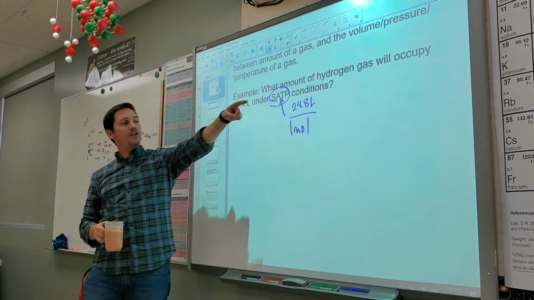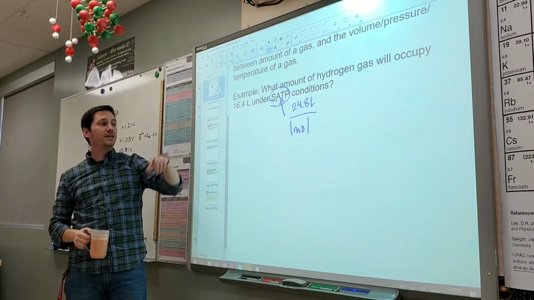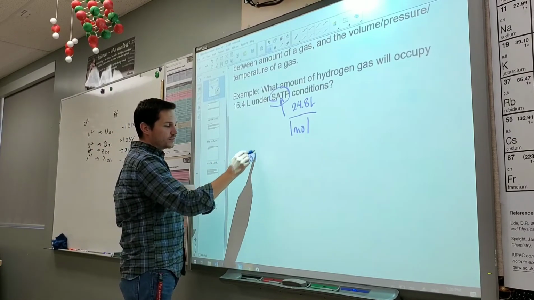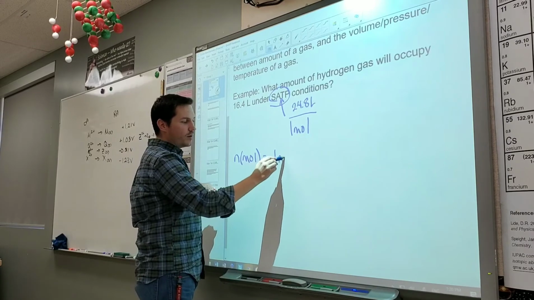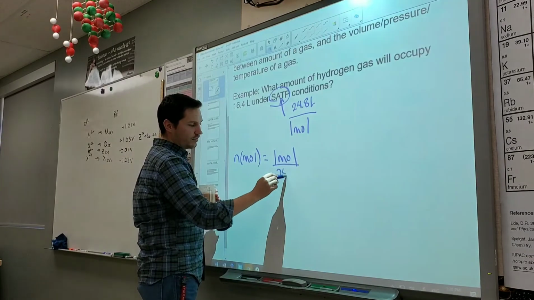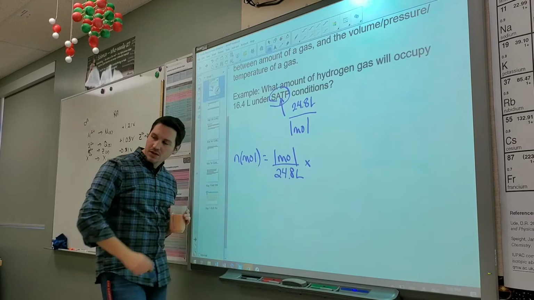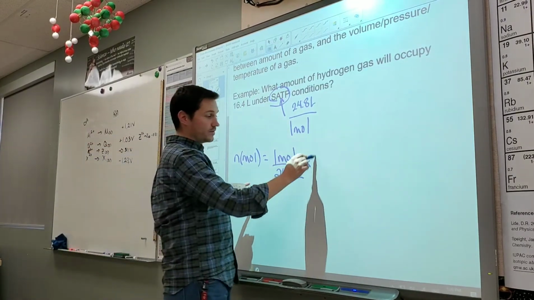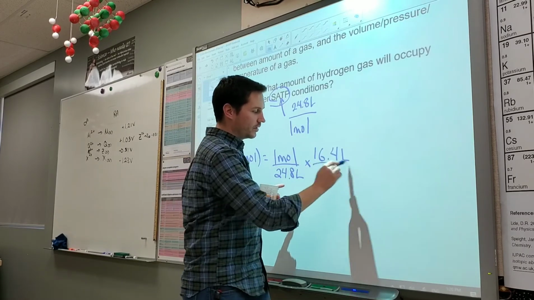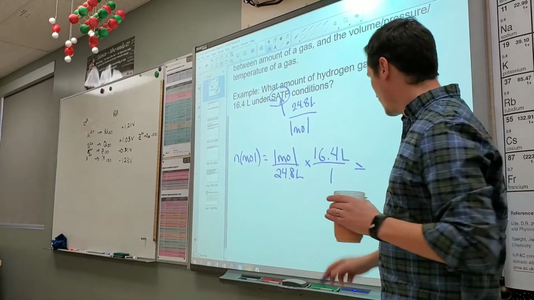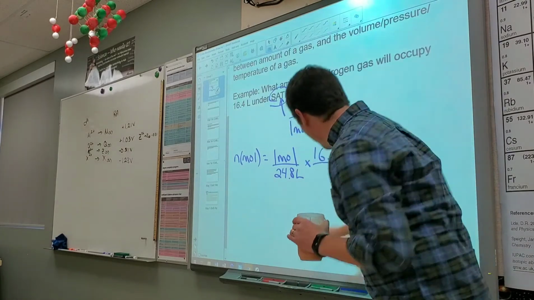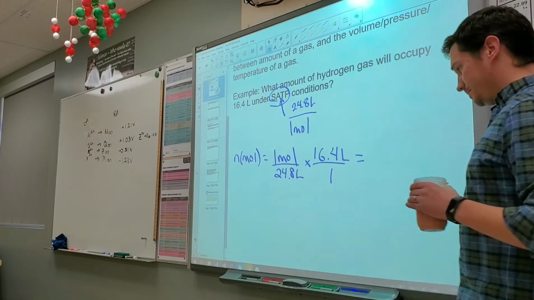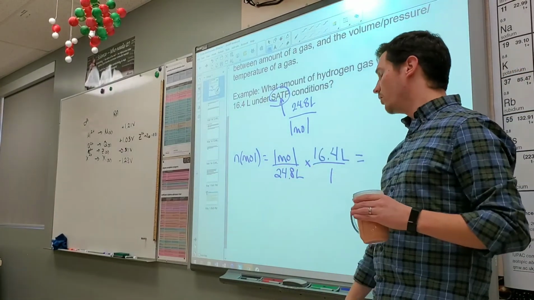So if I had hydrogen gas that occupies 16.4 liters under SATP, and you want the number of moles, and I know that every 1 mole occupies 24.8 liters. Do we have 24.8 liters? No, we have 16.4 liters. So this is going to be less than 1 mole, right?